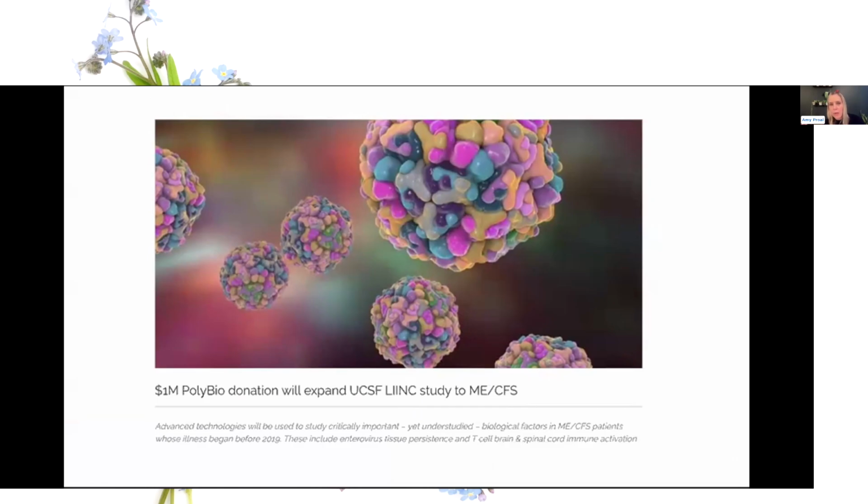And to better move that forward, we were able to donate via our foundation to University of California, San Francisco this past year, so that the team there that's been working on the long COVID gut tissue samples, looking for persistent SARS-CoV-2, and on other tissue types like the lymph node, and also doing spinal cord and T cell activation imaging, is now adding a group of ME patients to that study so that they can look for enterovirus persistence in the gut tissue and some of these other brain and spinal cord inflammation trends that I think are very key to the ME diagnosis in patients as well. So this is beginning, and I'm very excited about that.